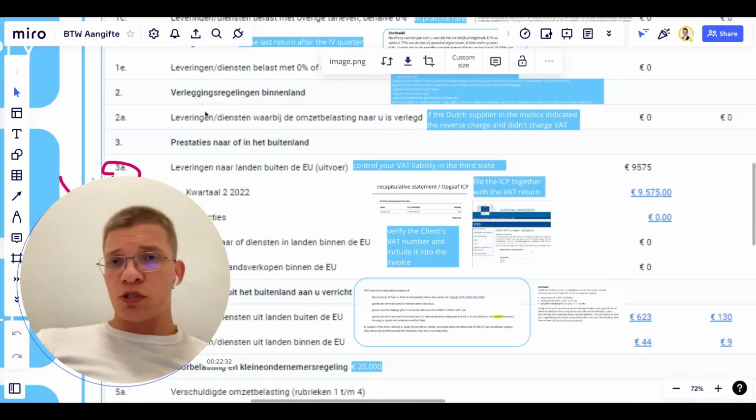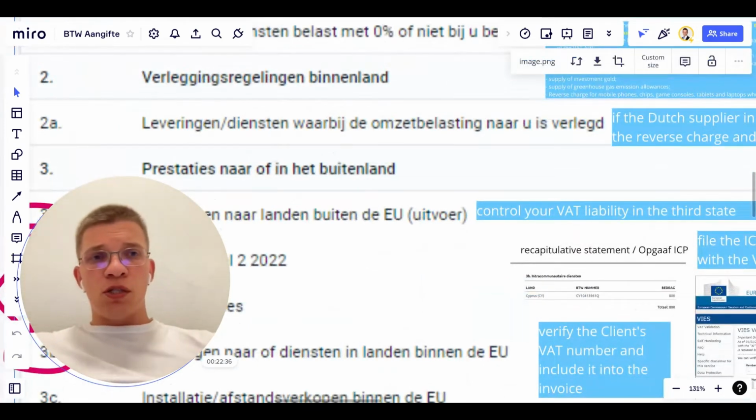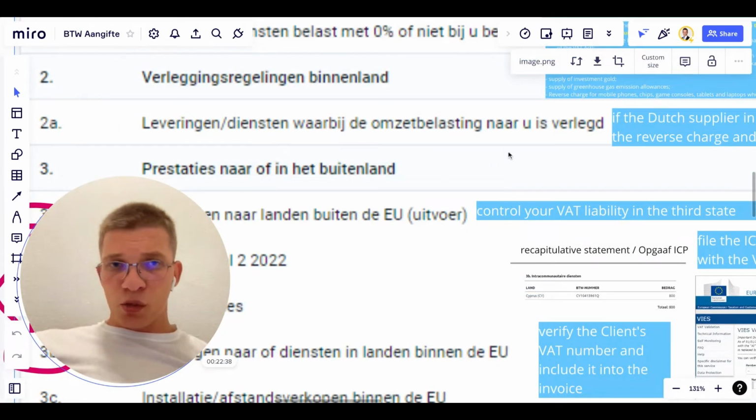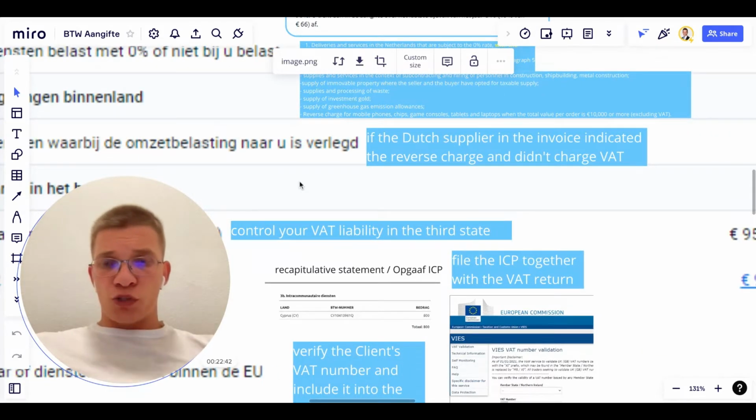Then the second section is also rarely used. It's also limited to domestic situations where your Dutch supplier, so I'm Dutch, and my Dutch supplier indicated in the invoice that he will not charge VAT, but the VAT is reverse charged to me.